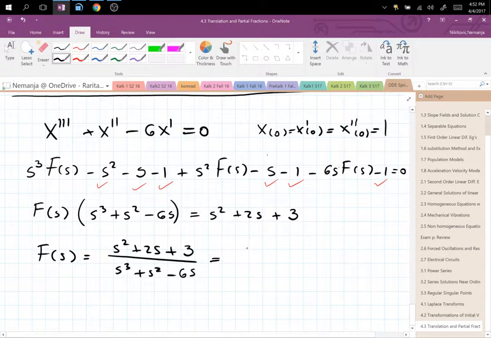So now we factor this as s plus 2, s plus 1. No. S plus 3, s minus 1. Would that work? No. So it doesn't factor. Great.